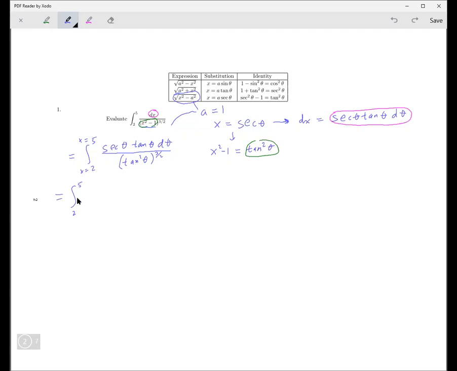Just remember these are x's, not thetas. So we have secant theta, tangent theta, d theta, and then down here we're going to have tangent cubed of theta, because the 2 and that 2 kind of reduce each other off.